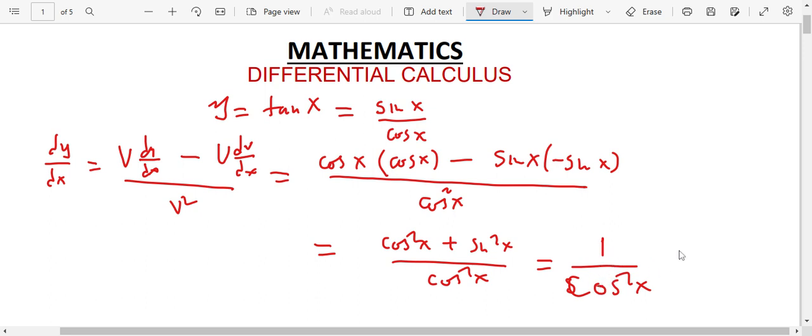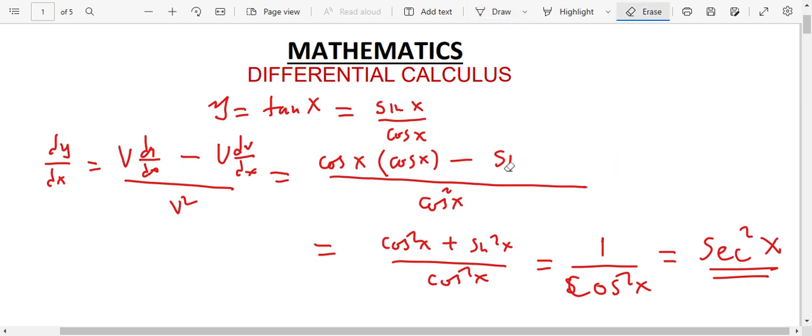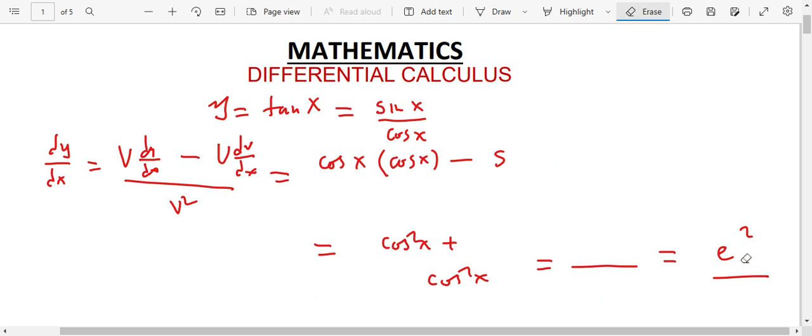And 1 over cos, the reciprocal for cos, is sec. Because this is 1 over cos, this is going to be sec squared x. So every time you differentiate tan, you get sec squared. You need to know this one by heart, because we will not have time to show all this process. So the derivative for tan is sec squared.